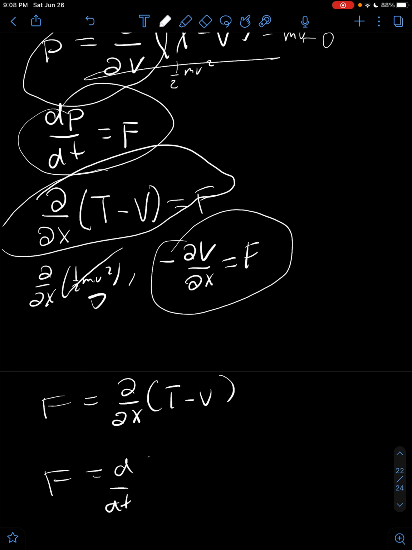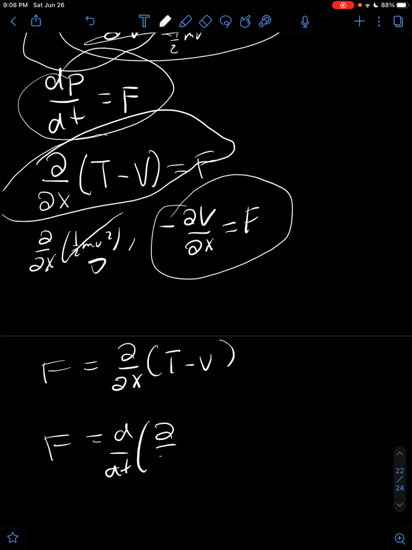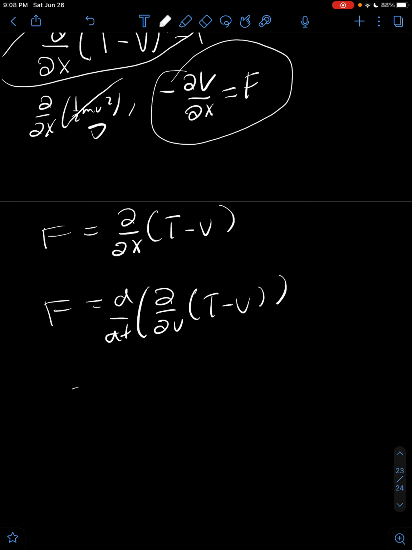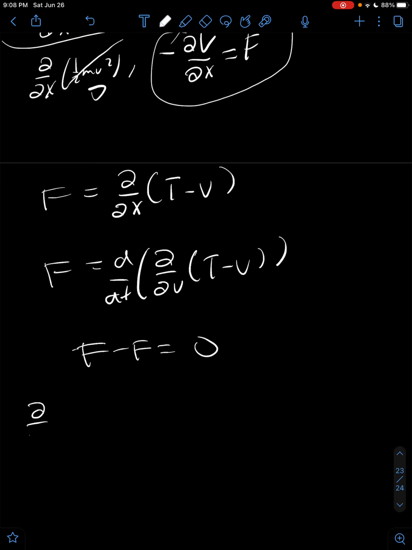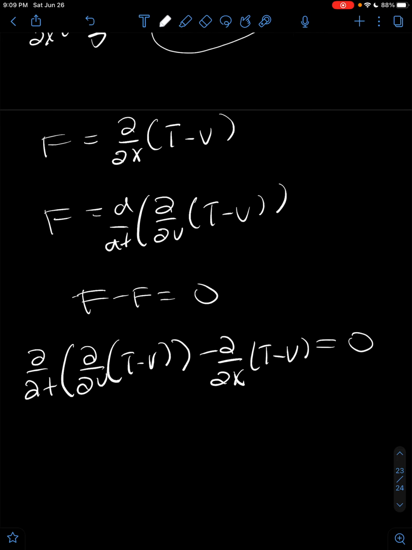So force equals d over dt of partial over partial v of T minus V. Force minus force equals 0, right? So d over dt of partial over partial v of T minus V, minus partial over partial x of T minus V, equals 0.